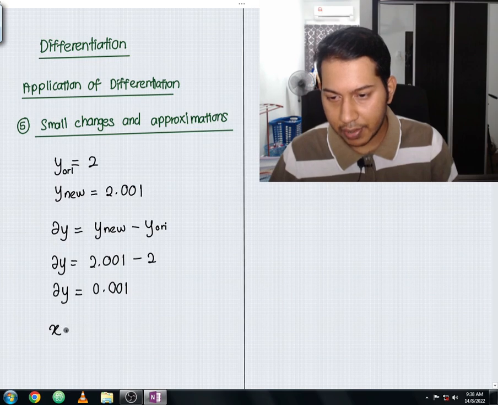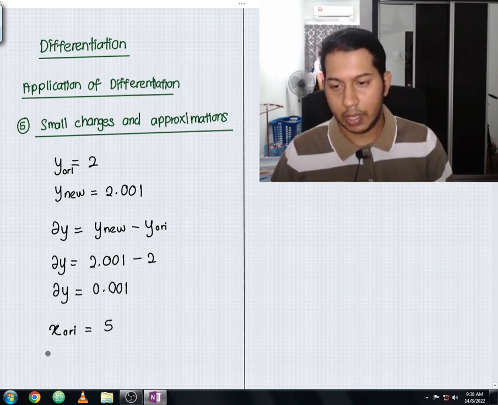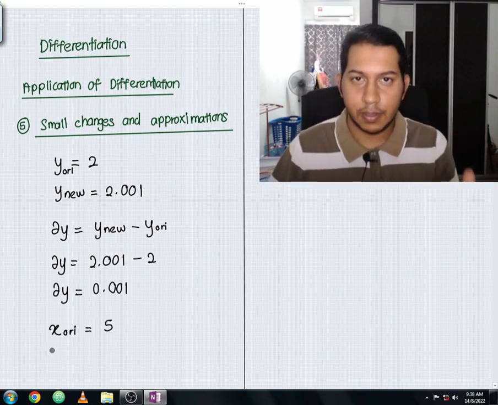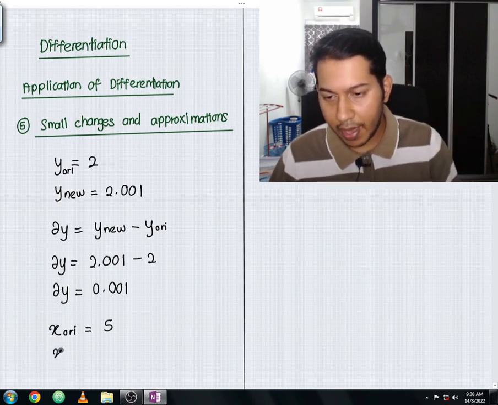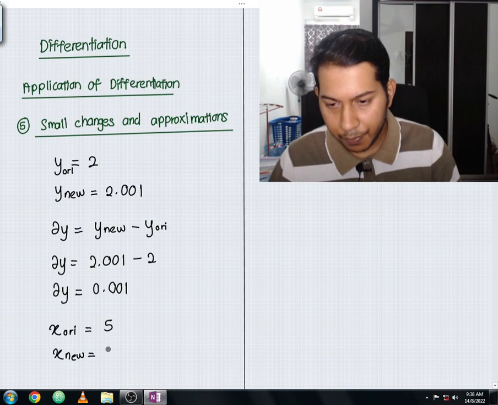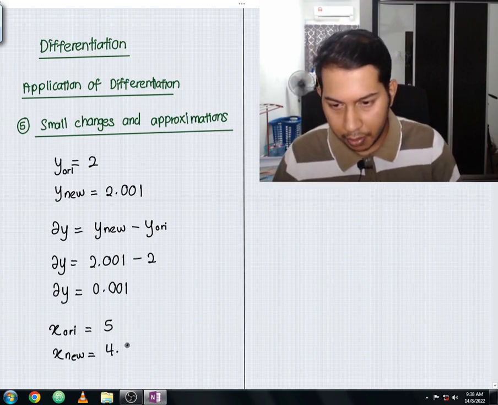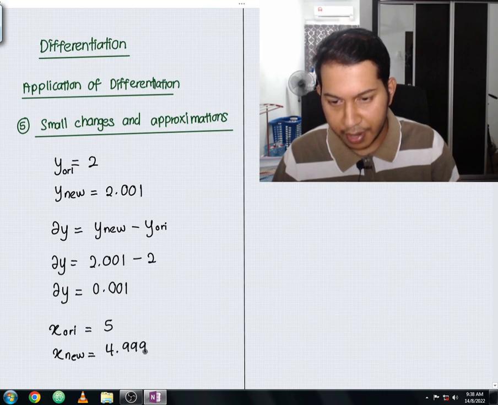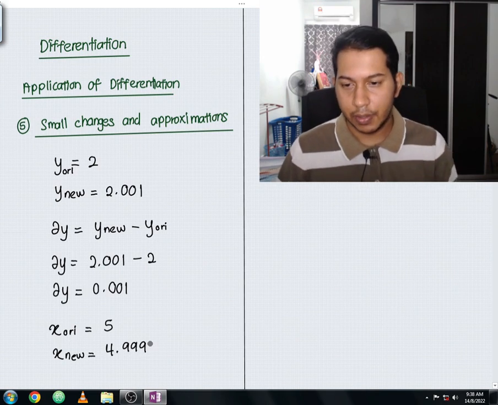Let's say x original is 5. For some reason it undergoes some changes and comes out as a new x value, so now your new x value becomes 4.999.